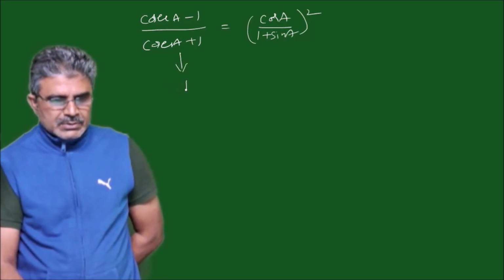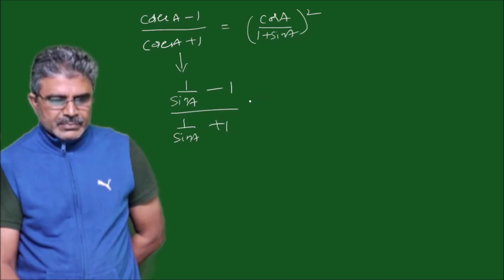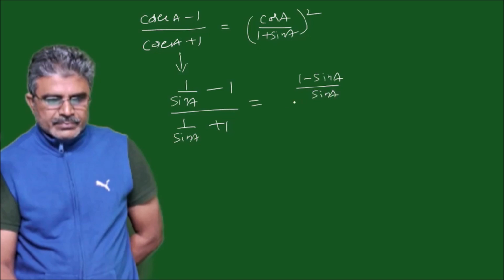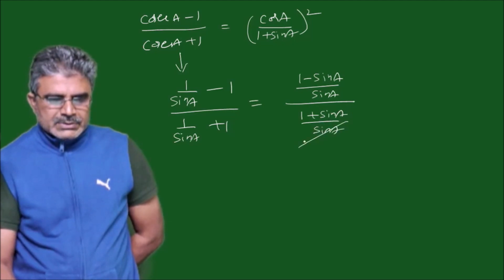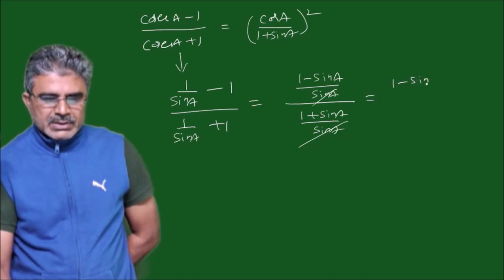In LHS you have (1 by sin A minus 1) divided by (1 by sin A plus 1), which will give ((1 minus sin A) by sin A) divided by ((1 plus sin A) by sin A). This sin A gets cancelled, so you'll have 1 minus sin A on top and 1 plus sin A below.